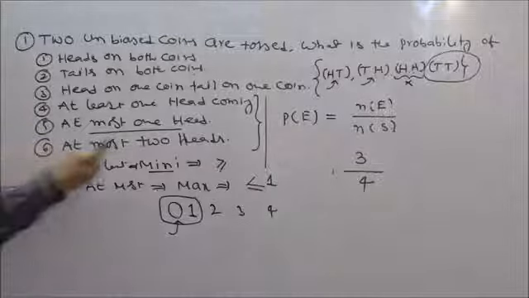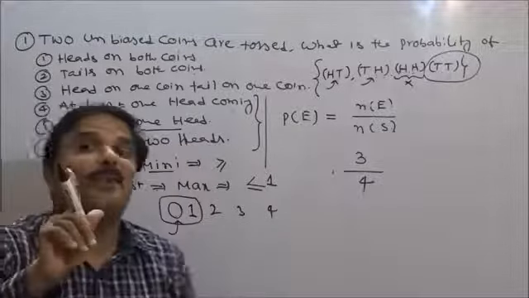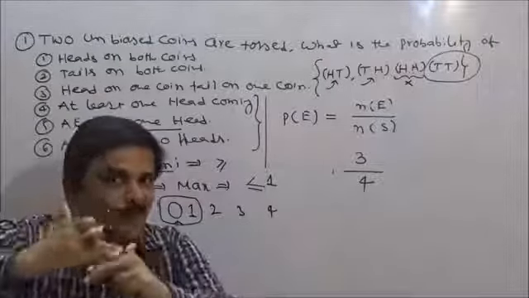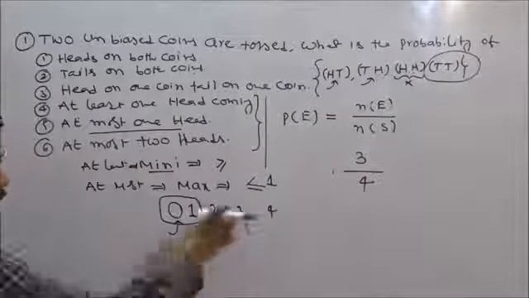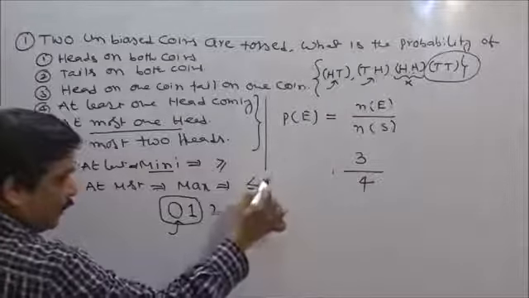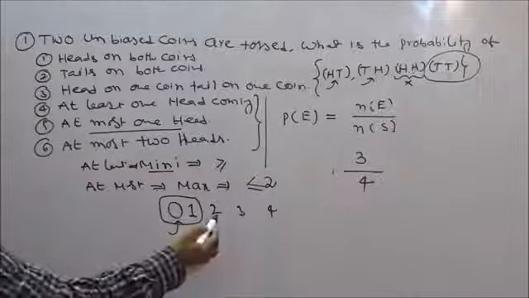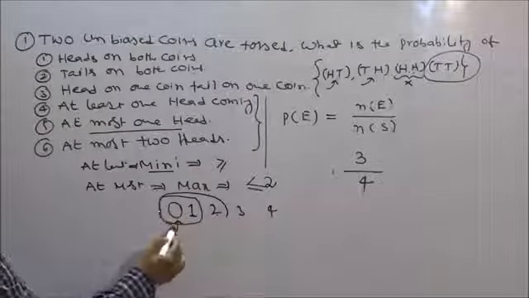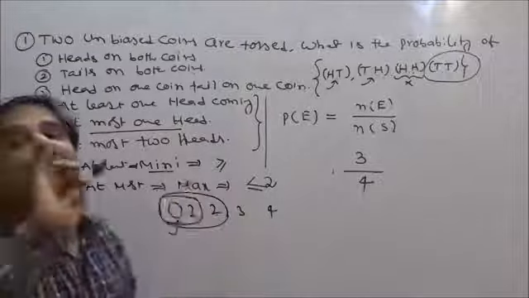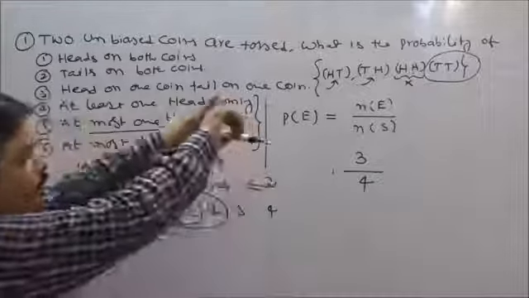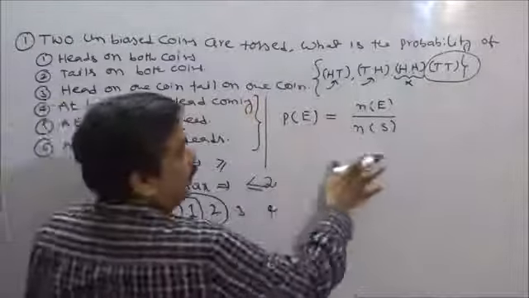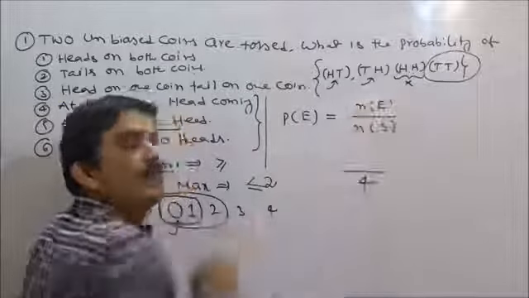At most 2 heads. Another important case here. At most 2 heads means less than or equal to 2 heads. Less than or equal to 2 heads means 2 or 1 or 0. So now I need to count from the sample space. Sample space anyway 4 in number.